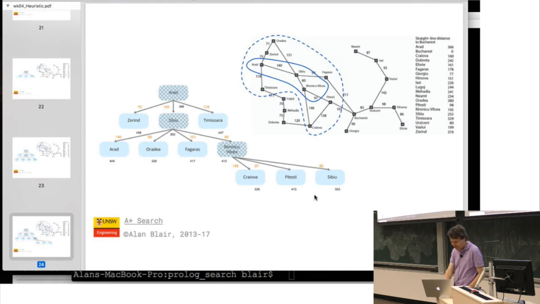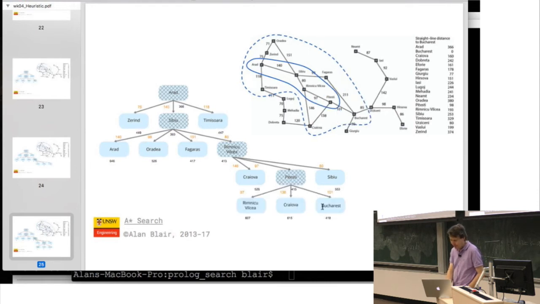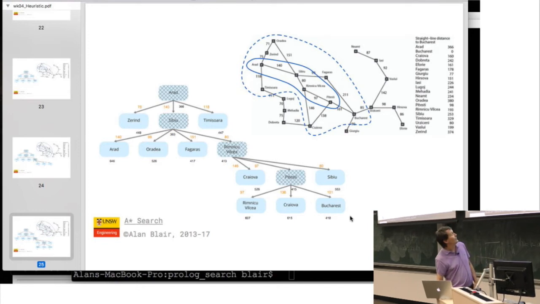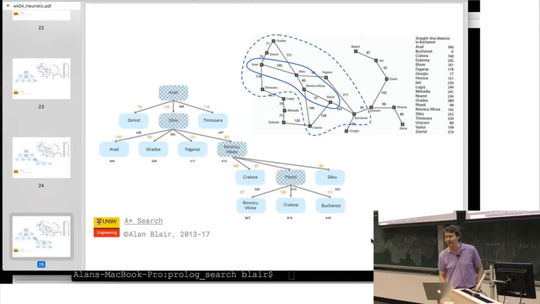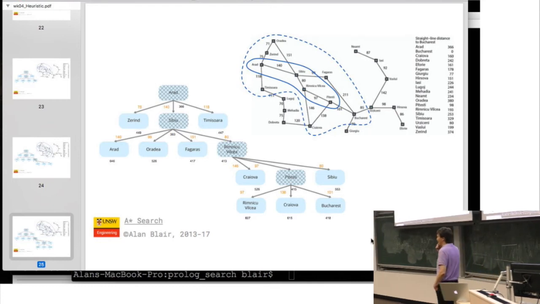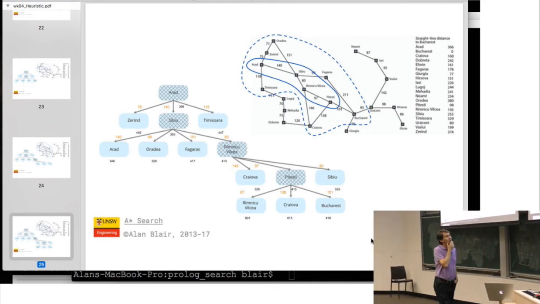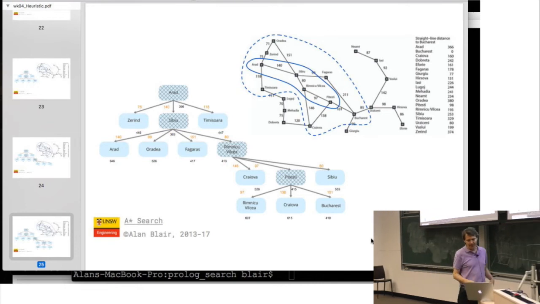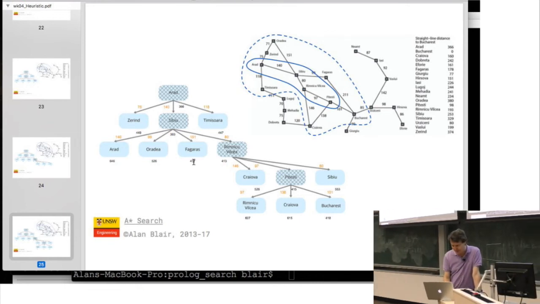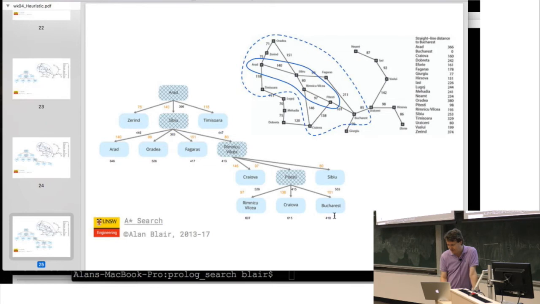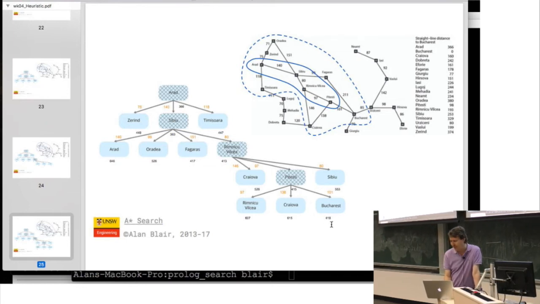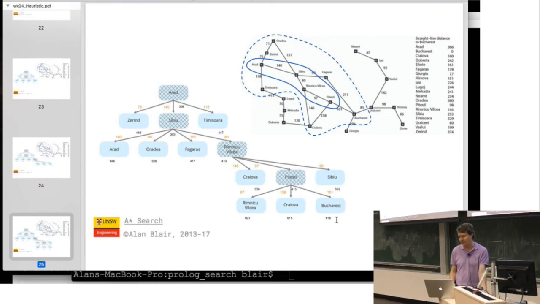And then Pitesti. Now, again, at this point we've generated Bucharest, but similar to uniform cost search, we can't finish now, because since we got to the goal, this must be the true length of the path, which is 418.